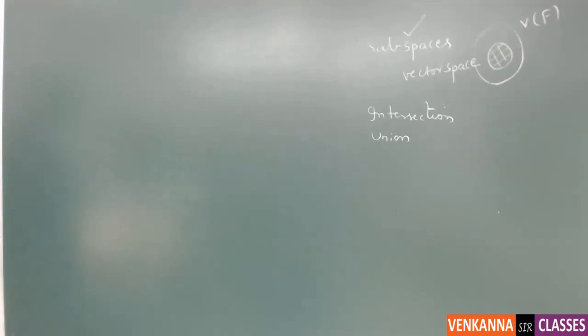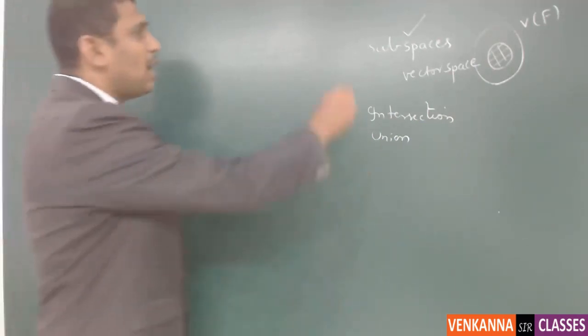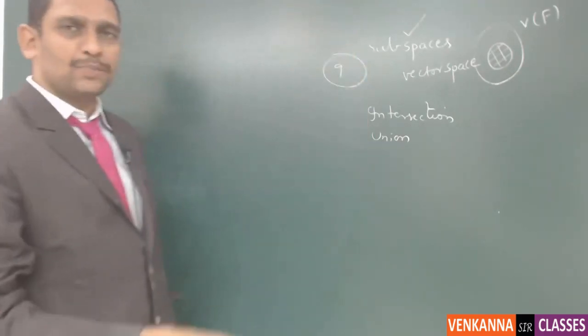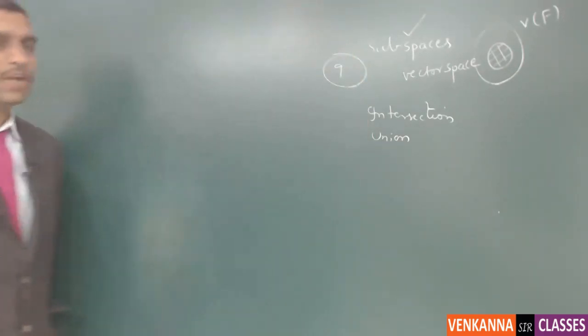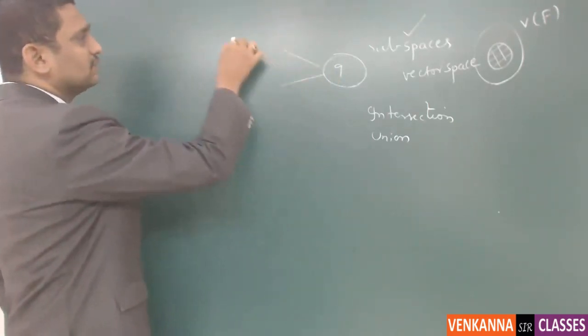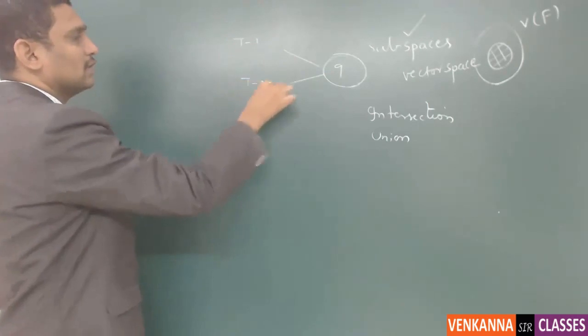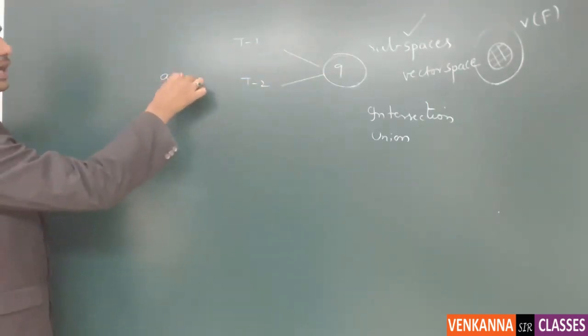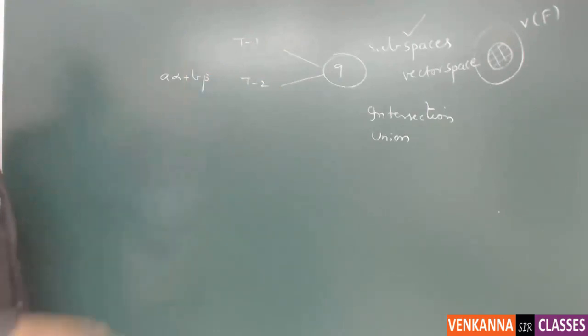And whenever a subspace is given, apart from verifying all the 9 conditions to say that it is a vector space or subspace, we simply verify 2 test conditions. In test 2, we verify the condition for A alpha plus B beta, the necessary and sufficient condition.